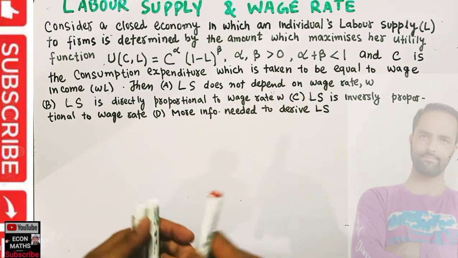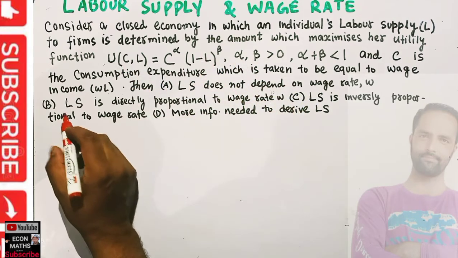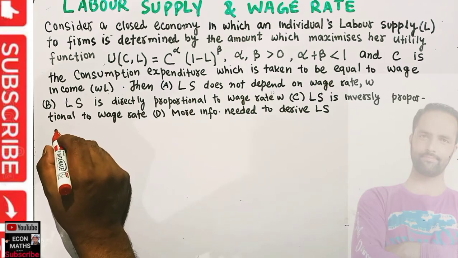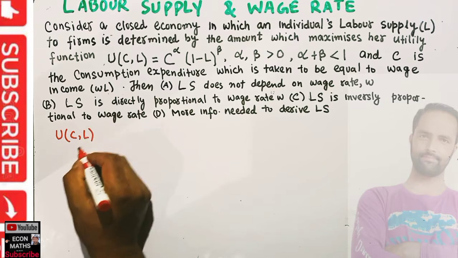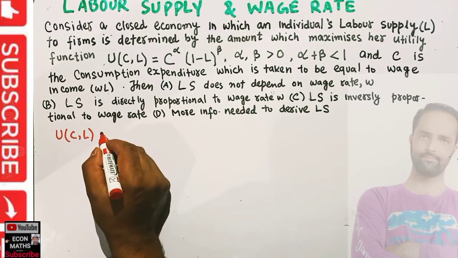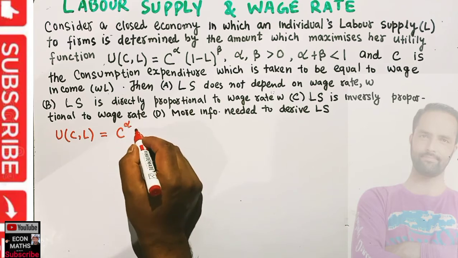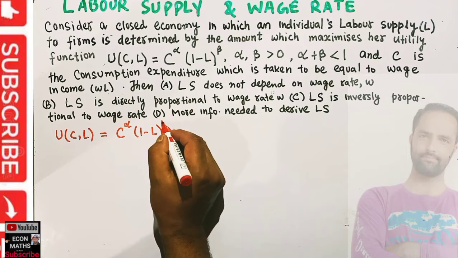So what we are being given here: we are being told this is the utility function of the individual, that is U(C, L), consumption expenditure and labor, is equal to C to the power alpha times (1 minus L) to the power beta.